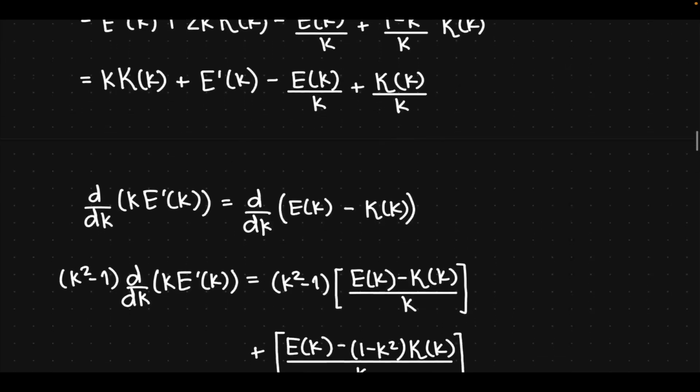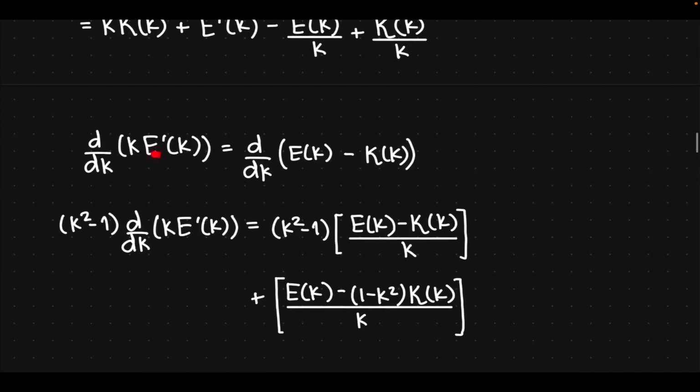Similarly, we can uncouple the E equation as well. So we can differentiate k times E prime of k, which gives us d over dk of E of k minus K of k. This becomes (k squared minus 1) times d over dk of k times E prime of k.